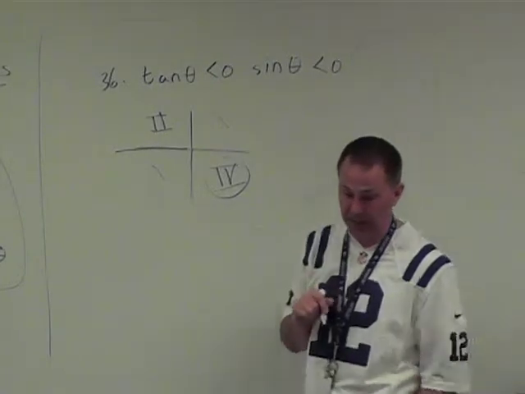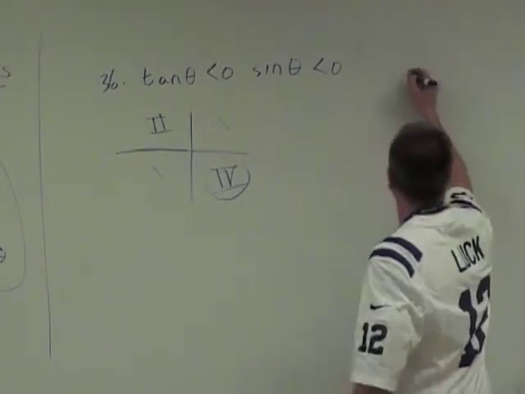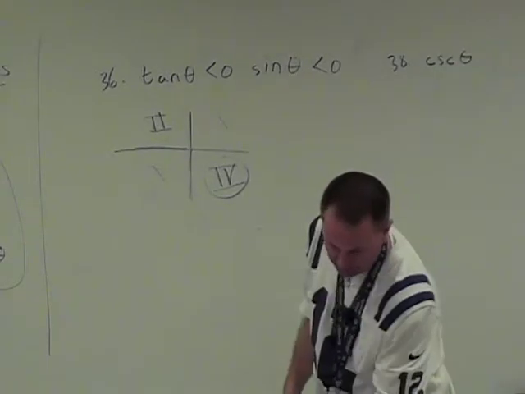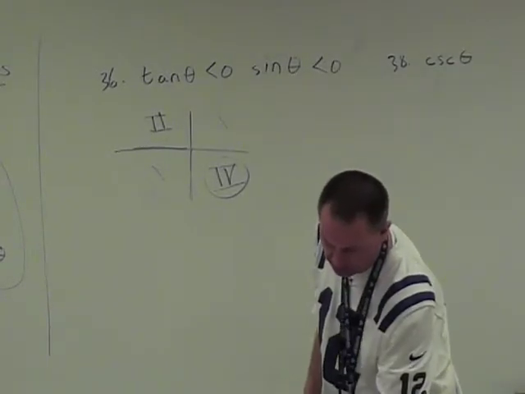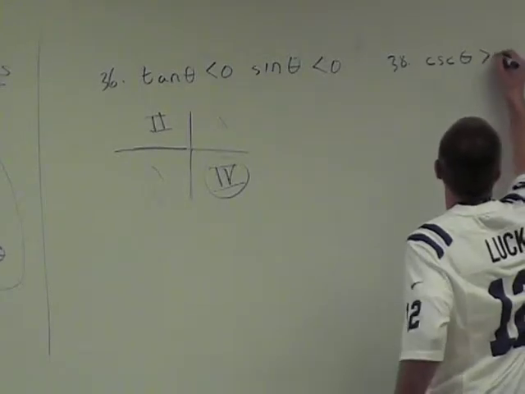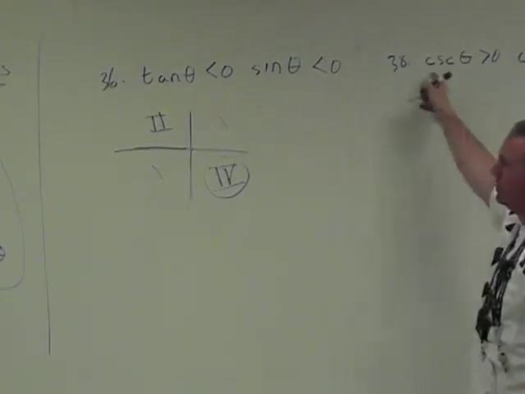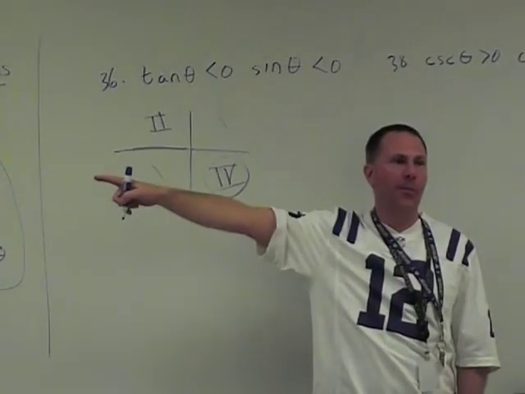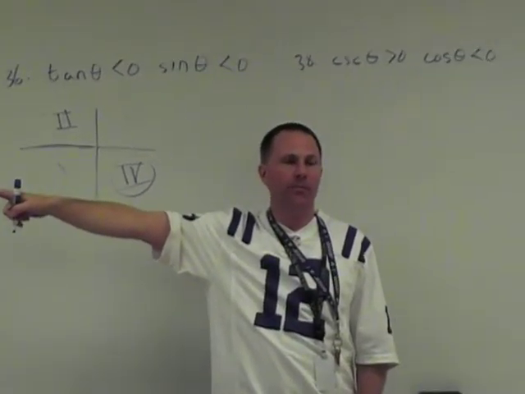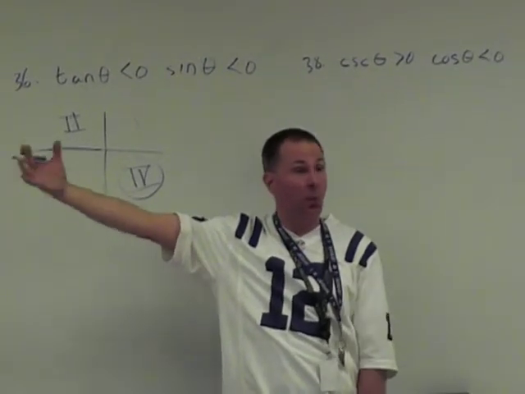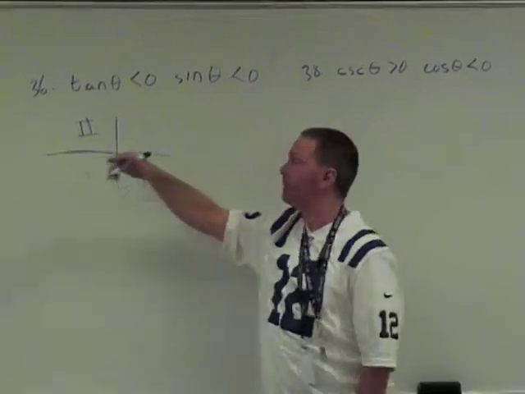Let's do 38. 38, the cosecant is positive and the cosine is negative. Okay? Cosecant is what? Which is the same, basically, we just need to know positives and negatives, so y is going to be positive, right?